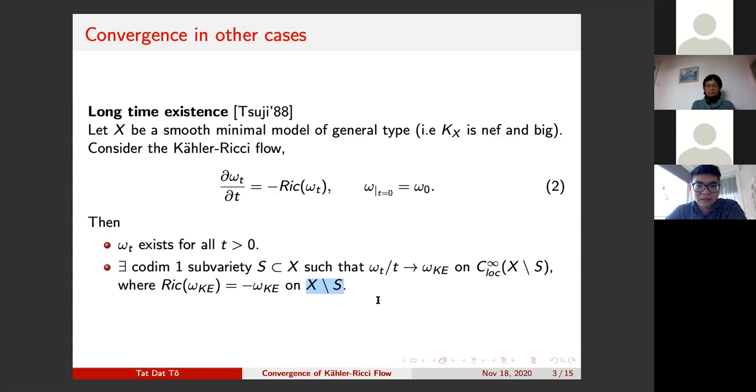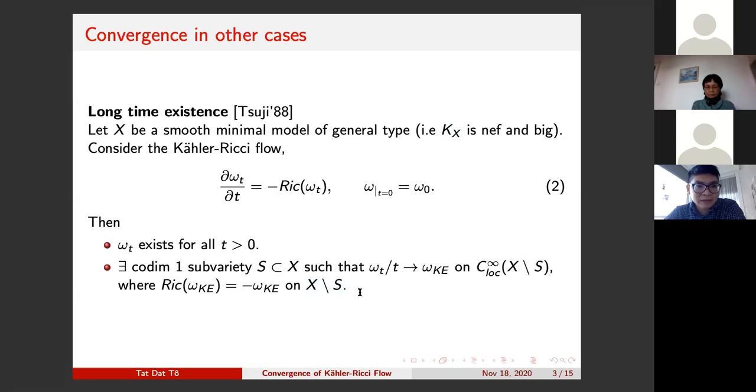Okay, so in the proof of Cao when Kx is ample, ample implies that Kx is nef and big. We have the convergence on all of X, but if we have less information or a weaker condition on Kx, we have the convergence only on an open Zariski set.